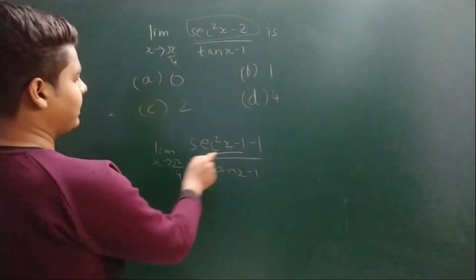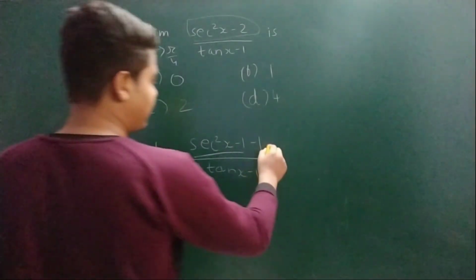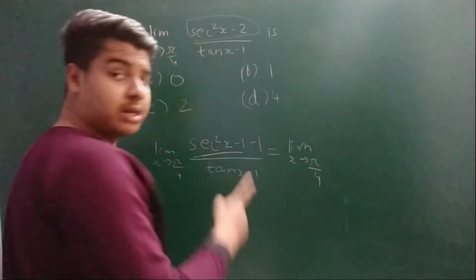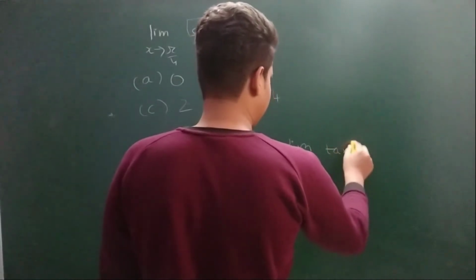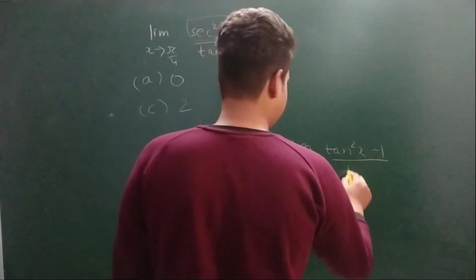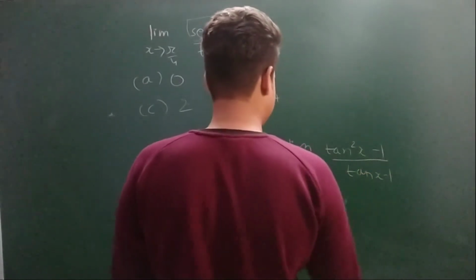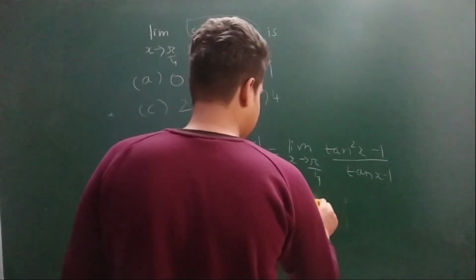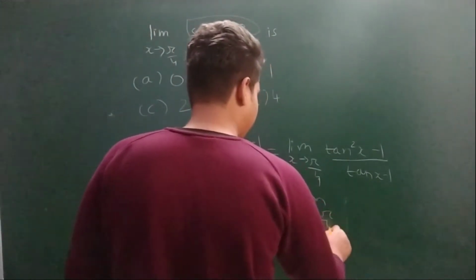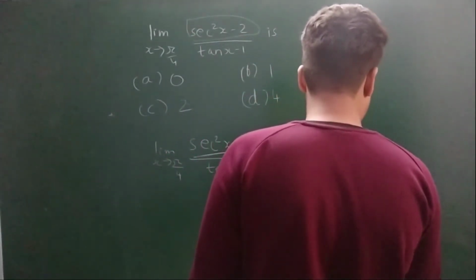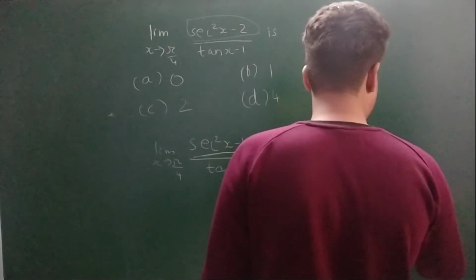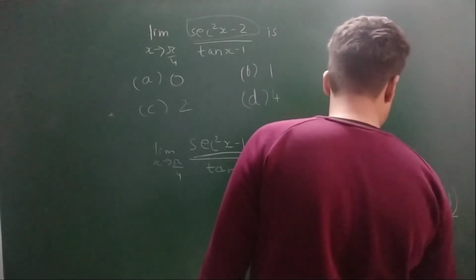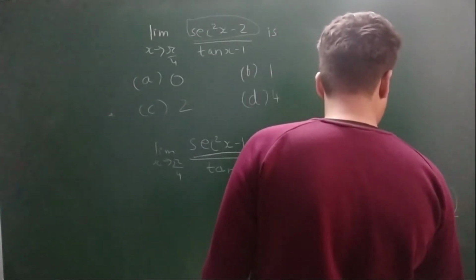Sec square x minus 1 can be written as tan square x minus 1 upon tan x minus 1, and again tan square x minus 1 can be written as tan x plus 1 multiplied by tan x minus 1. It will be tan x plus 1 multiplied by tan x minus 1 upon tan x minus 1.